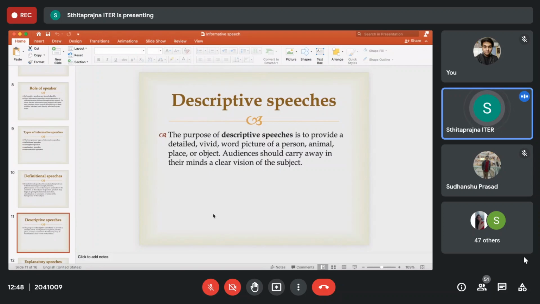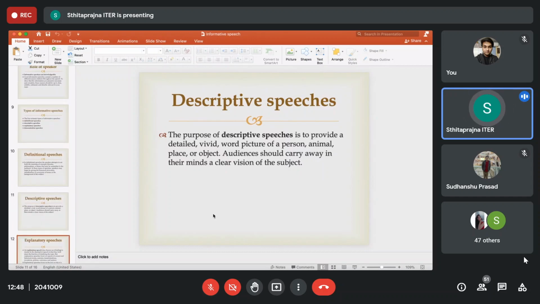If you really want to talk about a place, talk about the little nuances, the little details that we don't know, the history, the mythology associated with the place, the life of the common man, so that the audience has a clear vision in their mind when they go back. It becomes very memorable for all of them. So that also can be a speech topic.